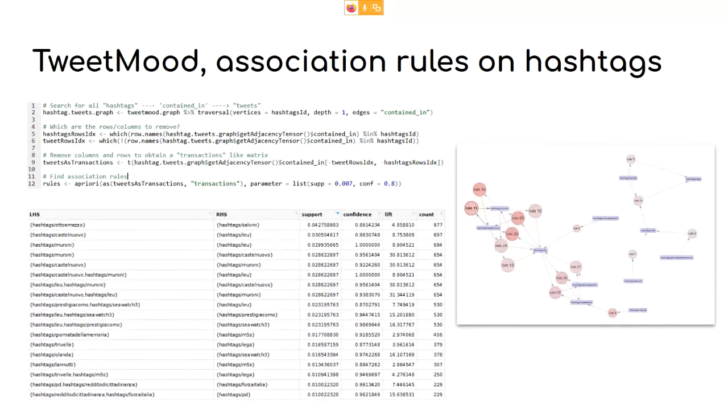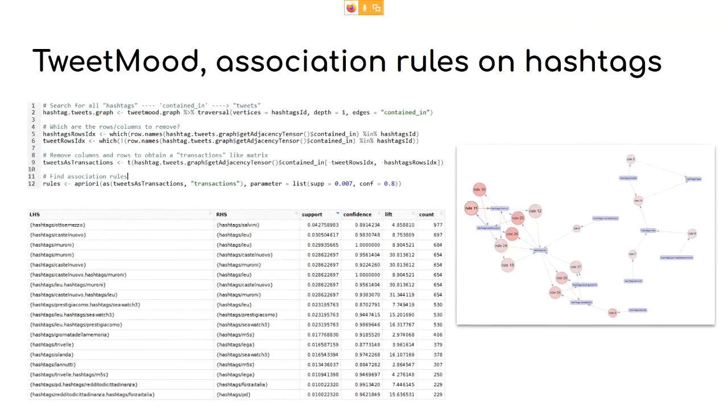And finally, we can obtain the analysis we wanted. In the table, we can see the left-hand side and the right-hand side of the association rules, the supports and all the related information. It is interesting to note how these rules can again be arranged as a graph that we can use to improve our knowledge base and our database.